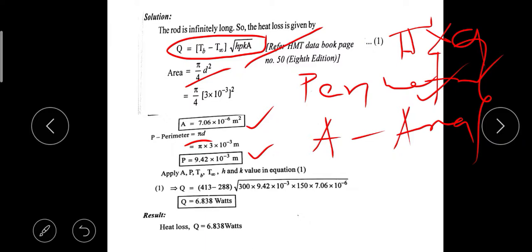T infinity is also given. Then h and k are given. The perimeter and area we found here. So we know all the values. You have to substitute all the values in this equation. We get the Q value. The Q value is 6.838 watts.